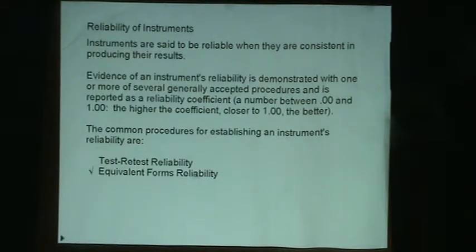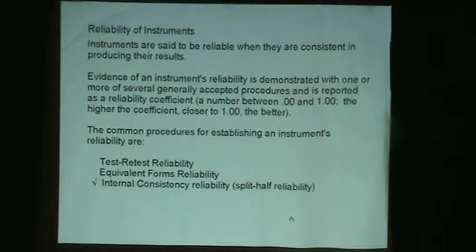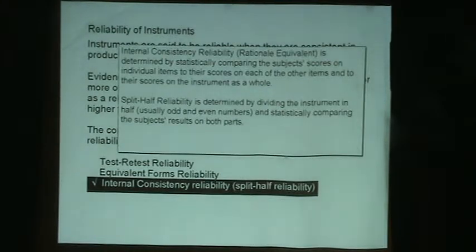So that's equivalent forms. Our third is called internal consistency reliability, or split half reliability. Internal consistency, which you rarely see, is determined by statistically comparing the subject's scores on individual items in the test, and on each of the other items, and to their scores on the instrument as a whole. But that you rarely see.